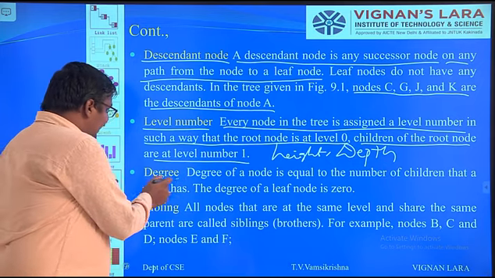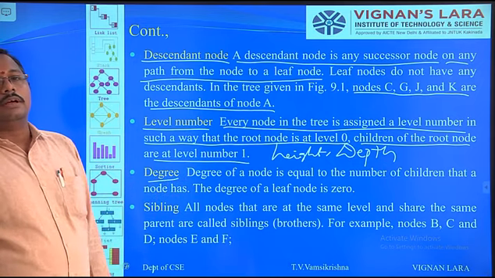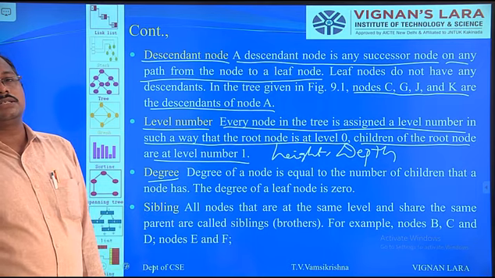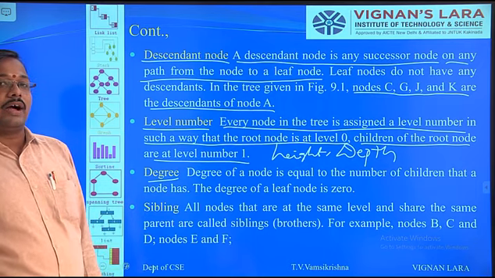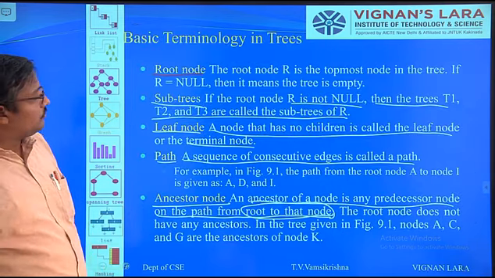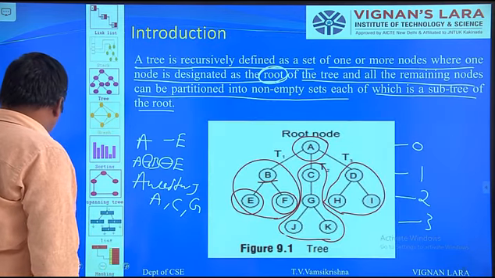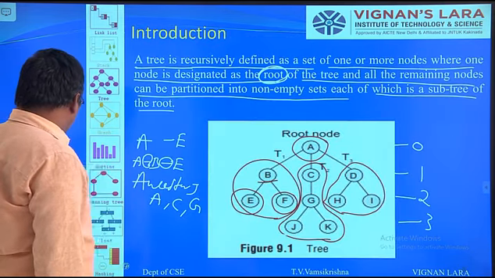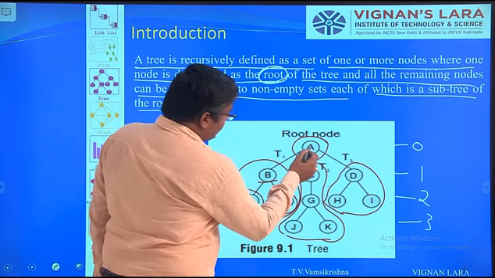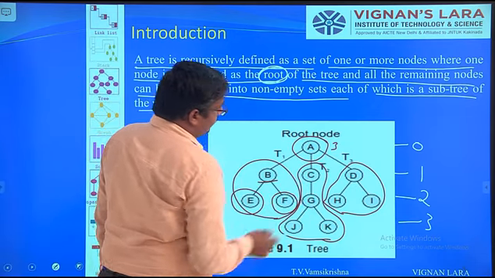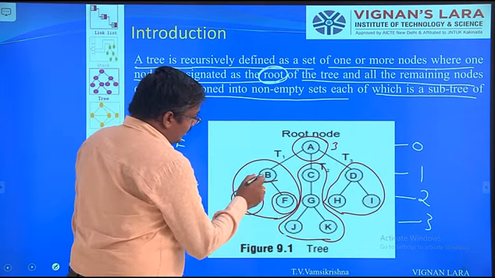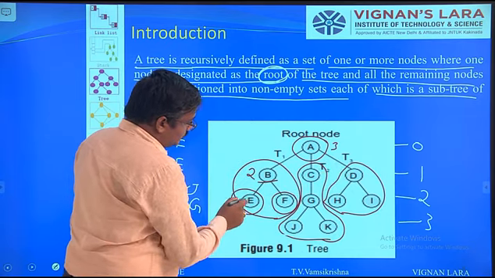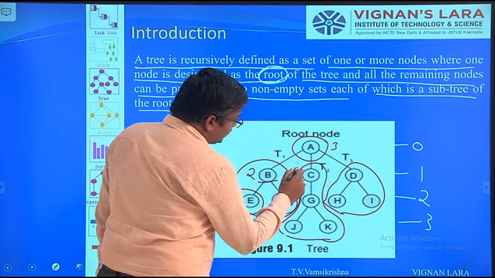Next, degree of the tree. The maximum number of children of a node in a tree is identified as the degree of the tree. Say for example, what is the degree of A? 3. Why? Because B, C, D are the children. What is the degree of B? 2, E, F. What is the degree of C? 1.